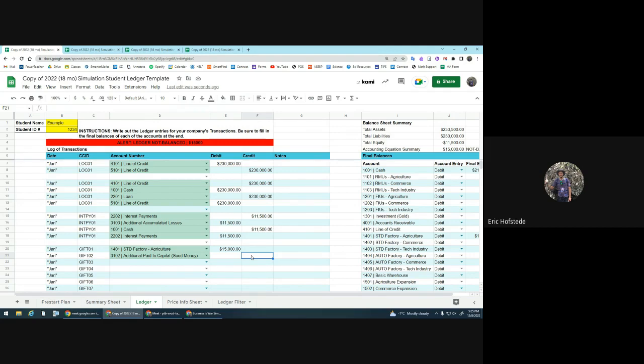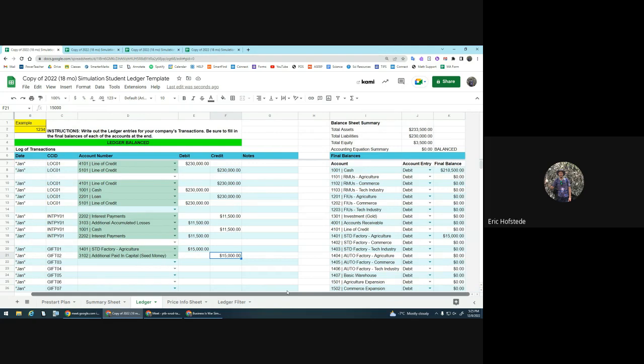One other way to think about equity is how much money do you now owe your owners, right? Maybe you don't really owe it to them, but they put it there, so it technically belongs to them. So the people who gave us our factory, we owe $15,000 to now. That increased my net worth, my equity by 15,000.